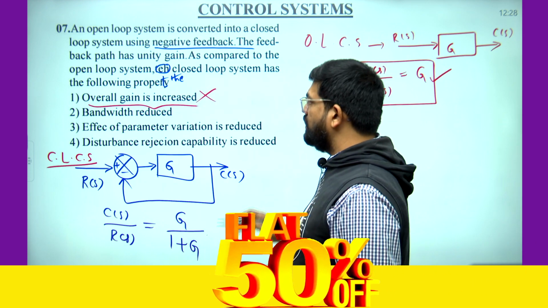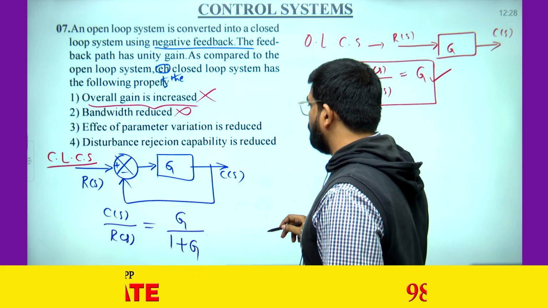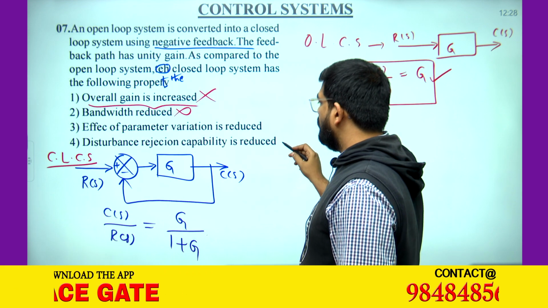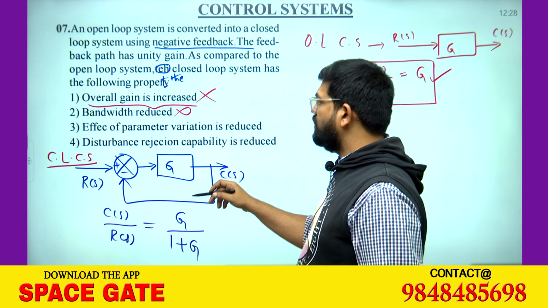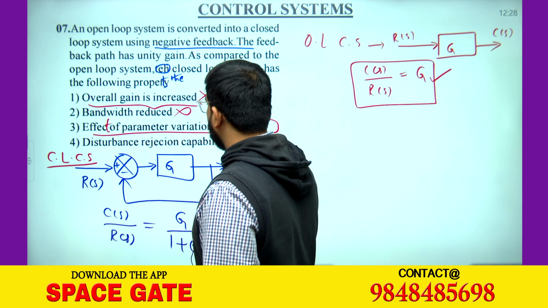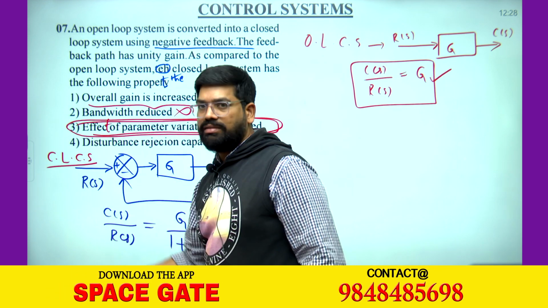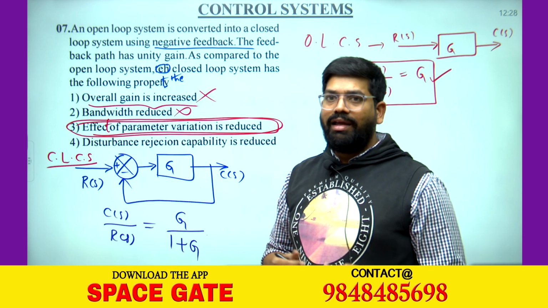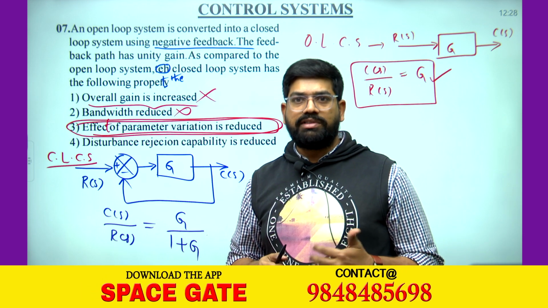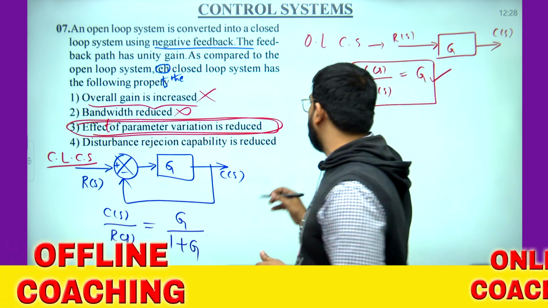Bandwidth is increased, not reduced. Disturbance rejection capability is increased, not decreased, means effect of parameter variation is reduced. Okay, this will be the correct statement that we can observe from the effect of feedback or principles of feedback. Understood? By introducing feedback, what will happen?